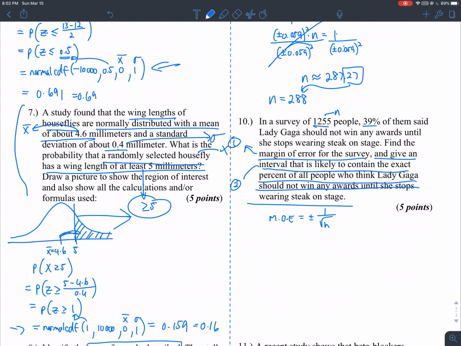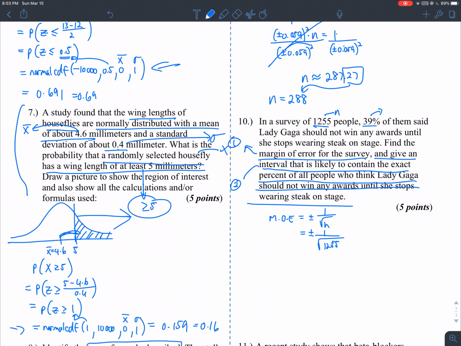Okay. And this is the middle of my interval. Alright. 39% of people. And I could be wrong in a certain way. And we're figuring out how far off I could be right now. And so margin of error would be plus minus 1 over root n, and n is 1255.